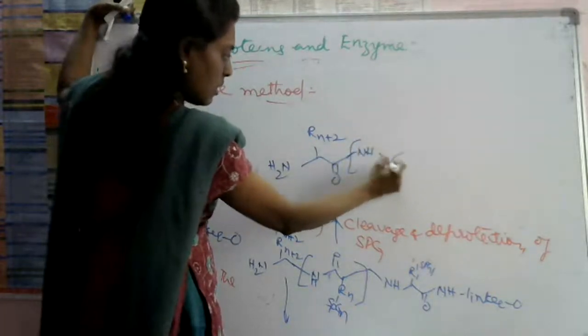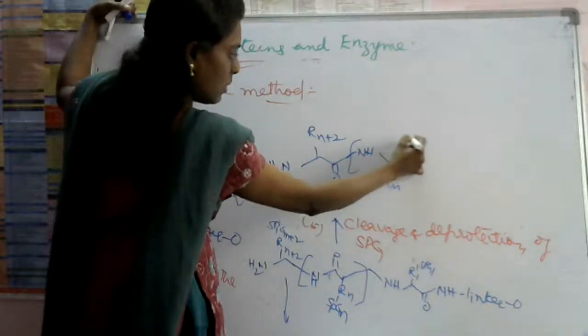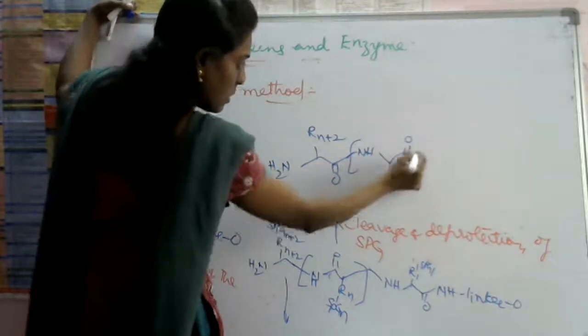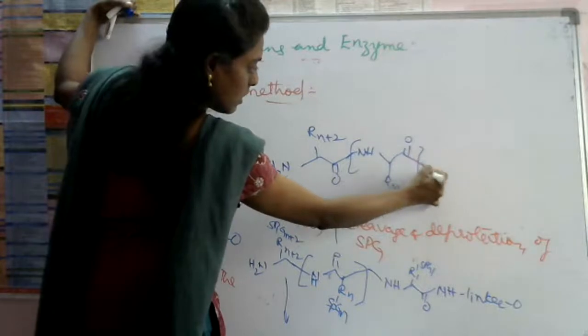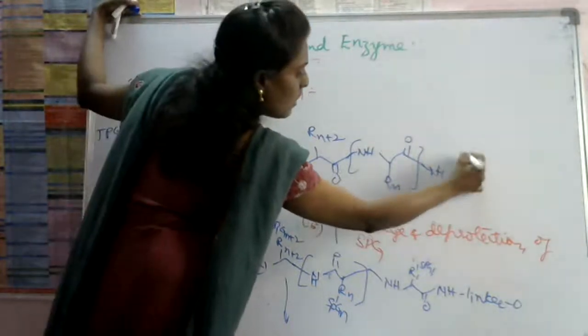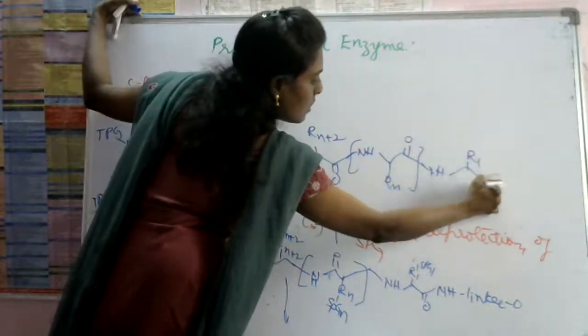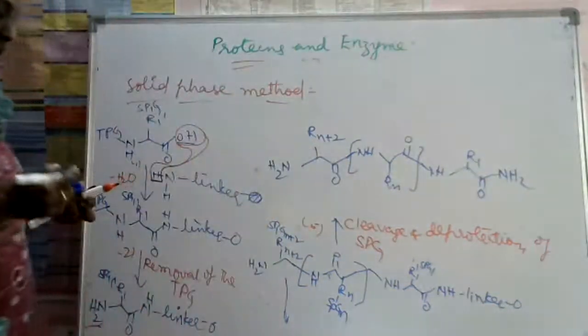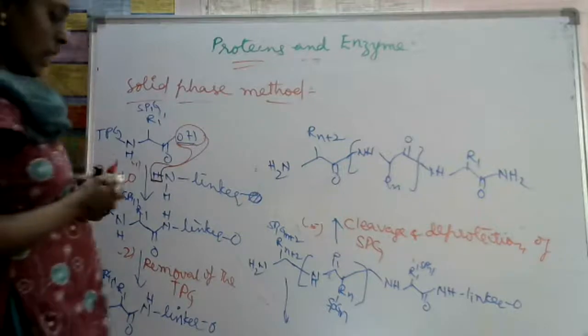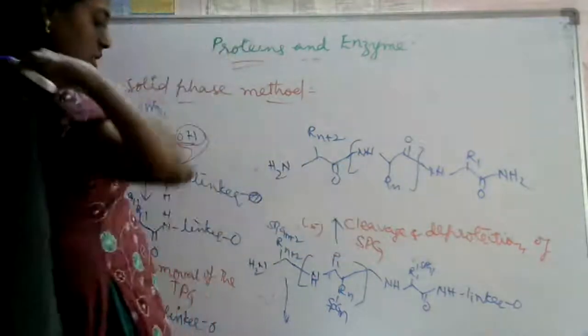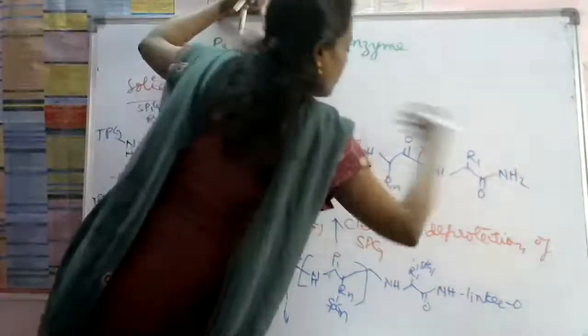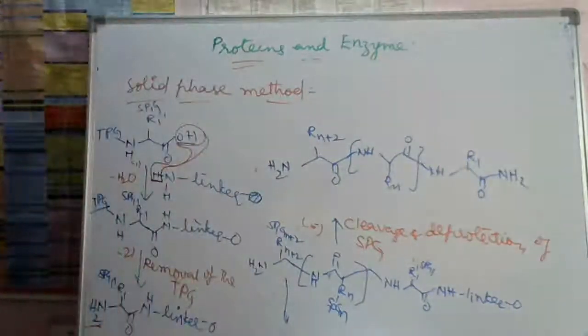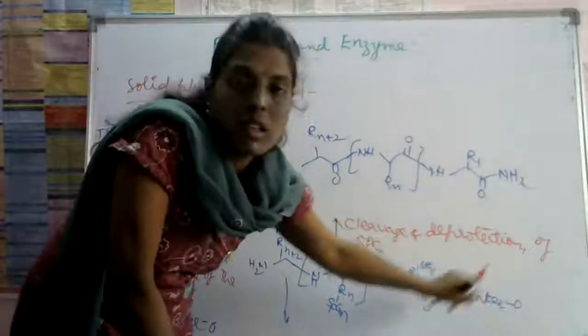NH, Rn double bond O. NH, R1 double bond O, NH2. This is our protein. Plus resin, and plus we have to remove the linker. We have to remove this linker.